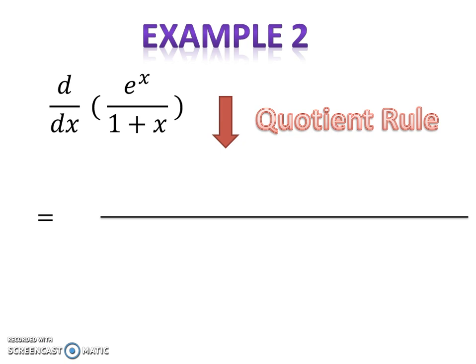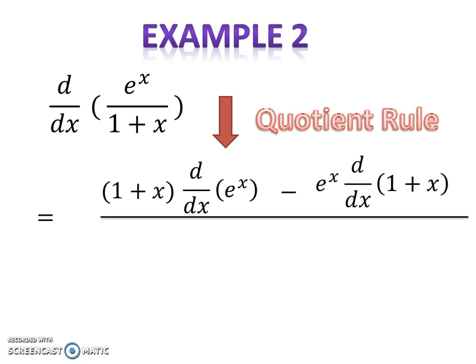We bring up the 1 plus x and we differentiate e power x. Now, is it plus or minus after this? It's minus. So you leave the e power x alone and you differentiate the 1 plus x. And do not ever forget to square the denominator.